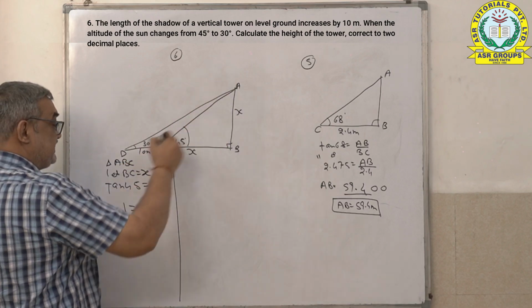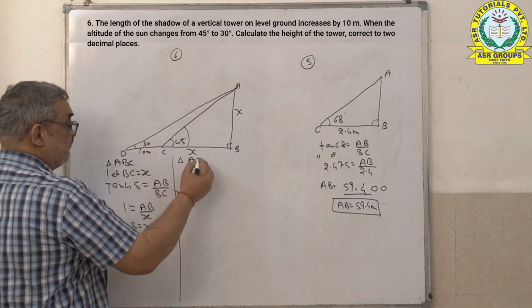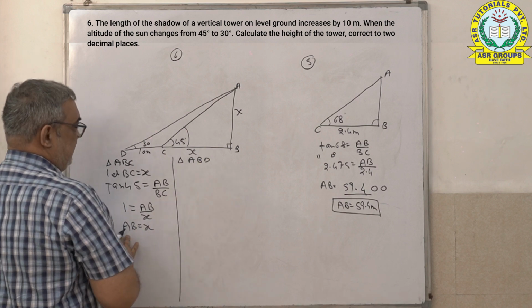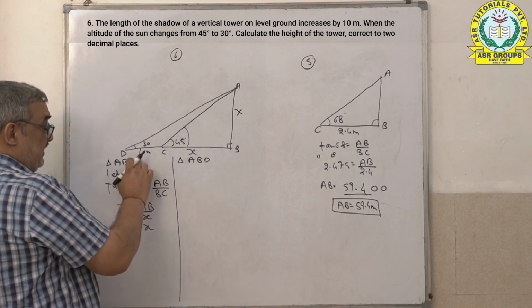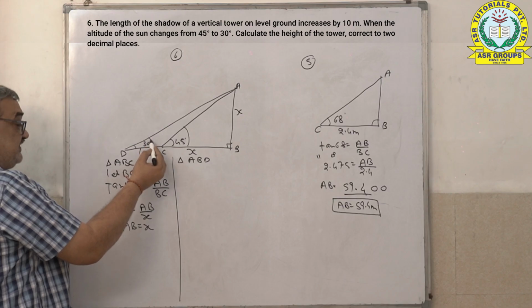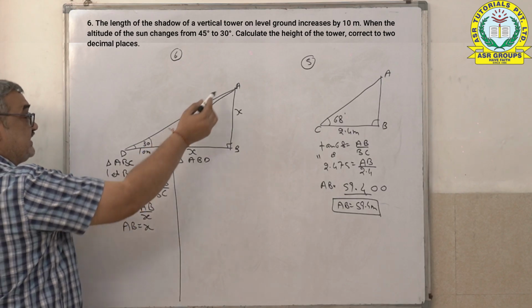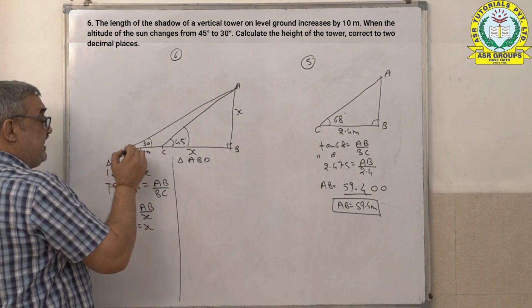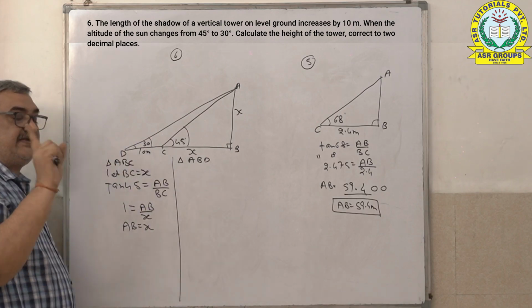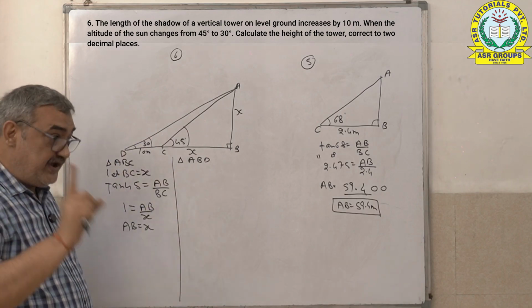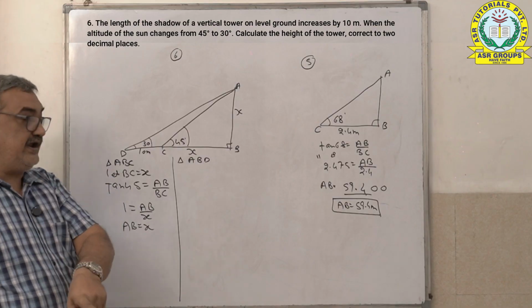Now we'll use the entire triangle, in triangle ABD, we'll use tan 30. Remember, when I'm using this angle, I can't take ACD because it's not a right angle triangle. We would always use right angle triangle.